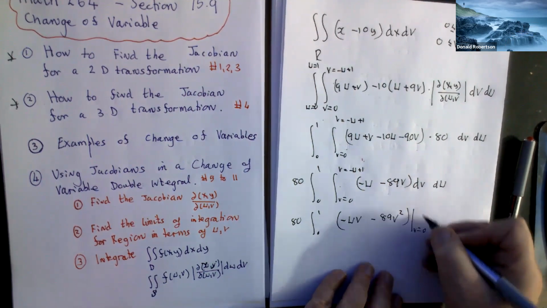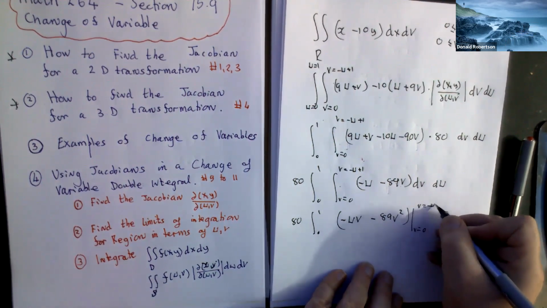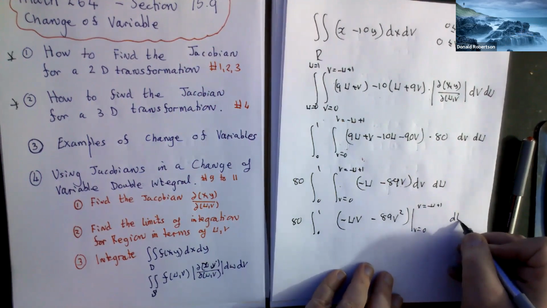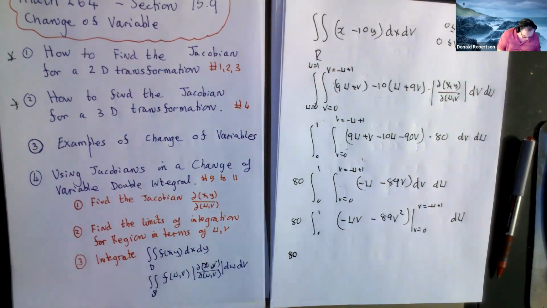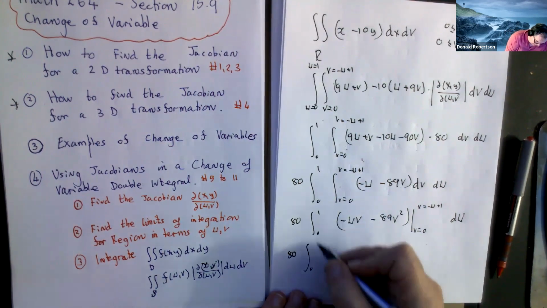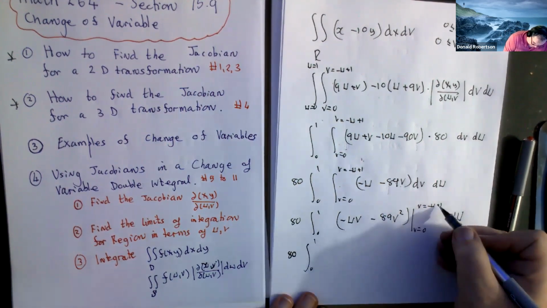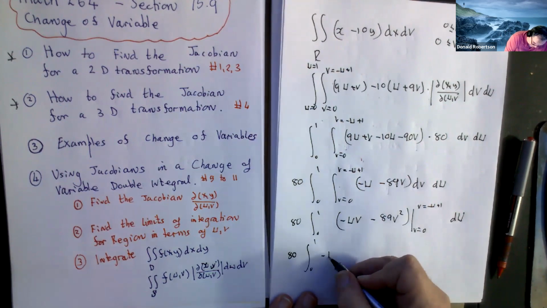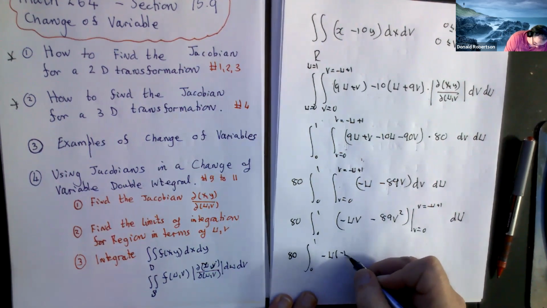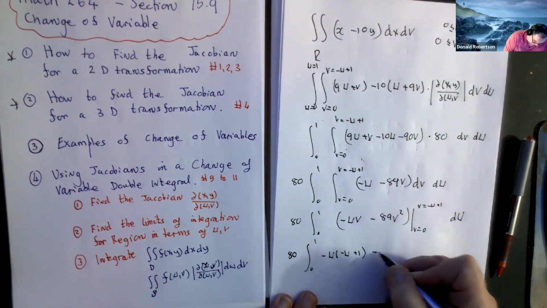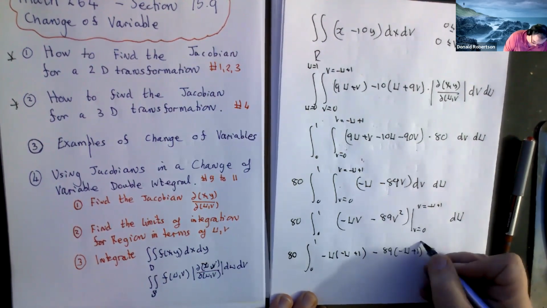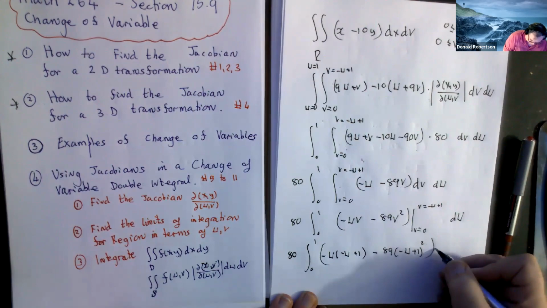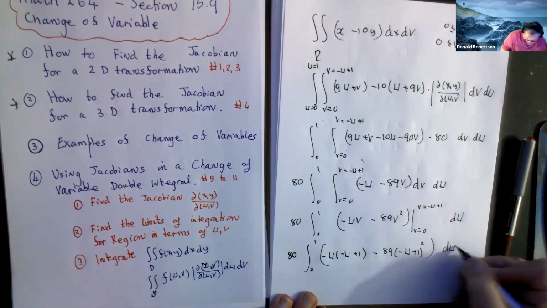Evaluated from v equals 0 to v equals negative u plus 1. Okay, plug in negative u plus 1 for v. So negative u times negative u plus 1, take away 89 times negative u plus 1 squared, minus a whole load of zeros, so I don't care about them, du.